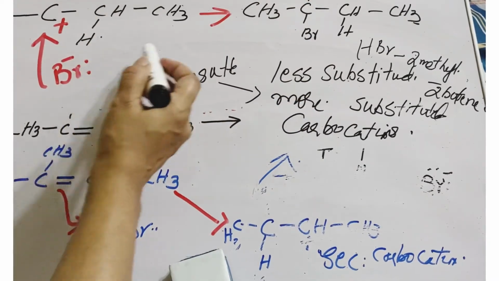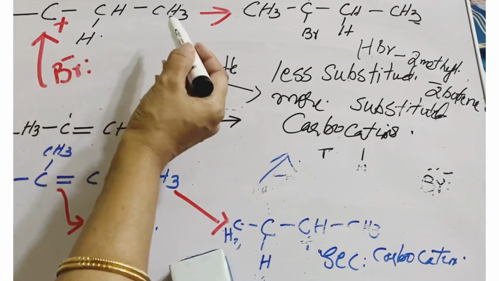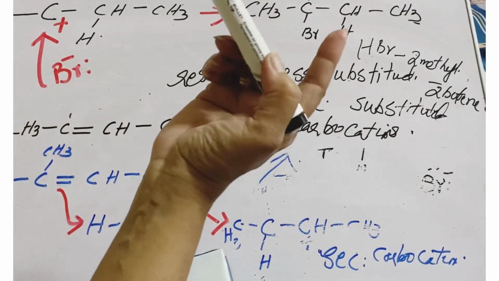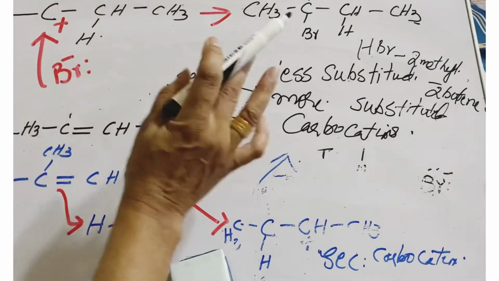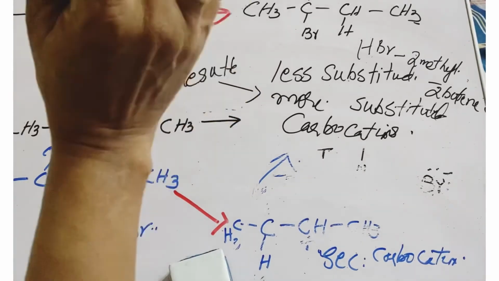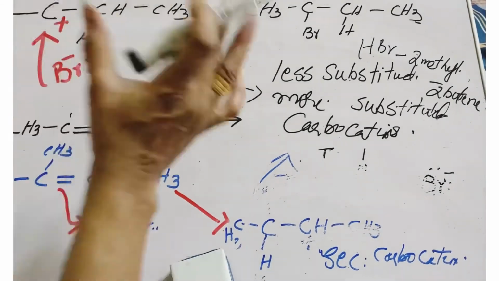Now here it is simply to be pointed out that protonating one carbon of the double bond results in a carbocation on the carbon that was never protonated. As you know, the proton gets itself attached to that end of the double bond that is less substituted.